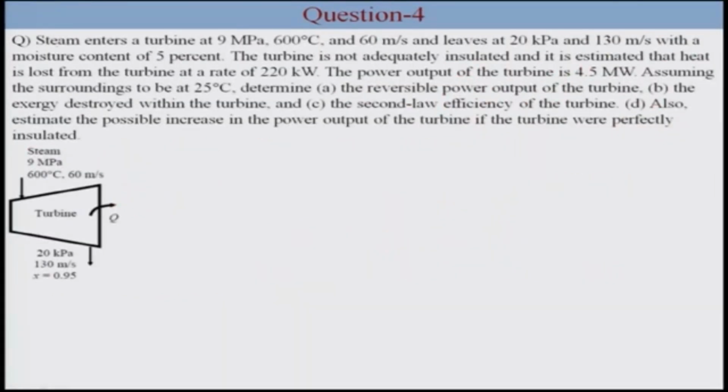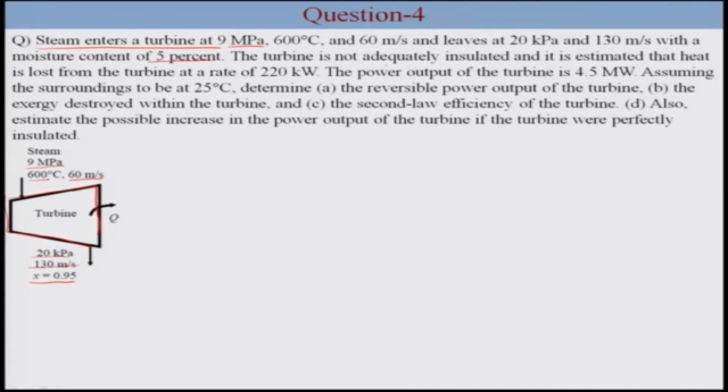In this question, steam enters a turbine at 9 megapascal. This is a turbine. Steam enters at 9 megapascal, 600 degrees Celsius and 60 meter per second, and leaves at 20 kilopascal, 130 meter per second with a moisture content of 5%. So this 5% means x is 0.95.